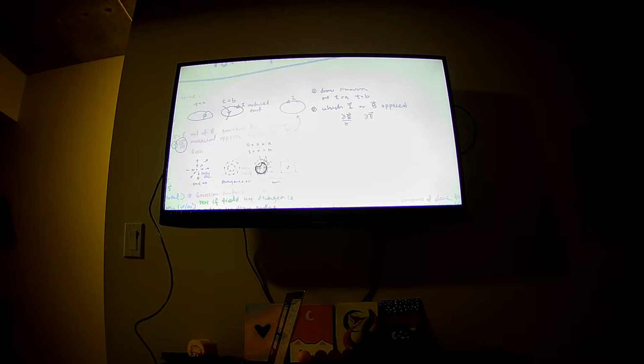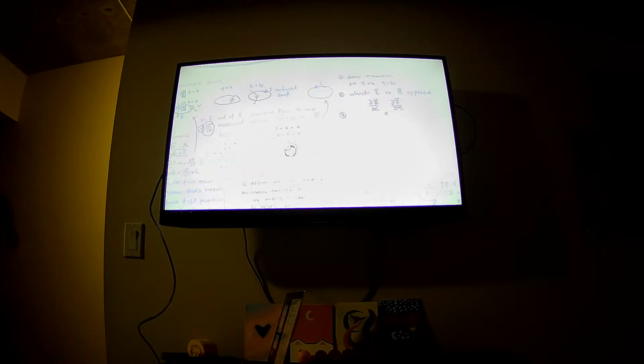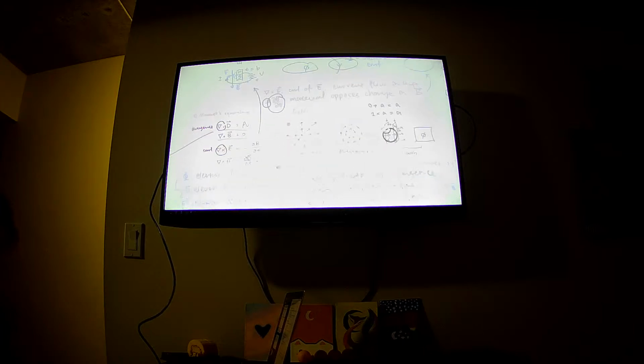So, circular, and then material. And then you will use your formula that is derived from your curl equation.